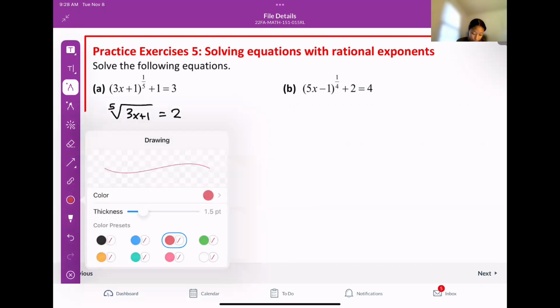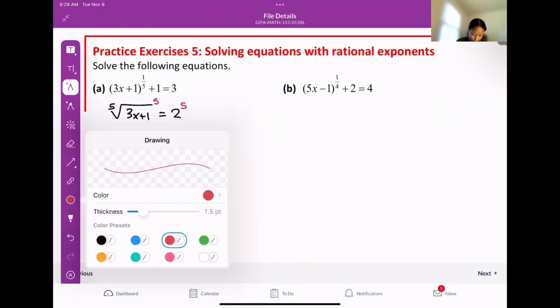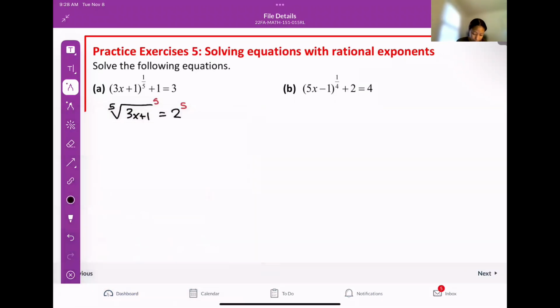Then to get rid of the 5th root, or to get rid of the 1/5 power, you raise both sides of the equation to the 5th power. This will give us 3x plus 1 equals 32. Subtracting 1 gives us 3x is 31, and dividing by 3, x is 31 over 3. We'll just leave it like that.